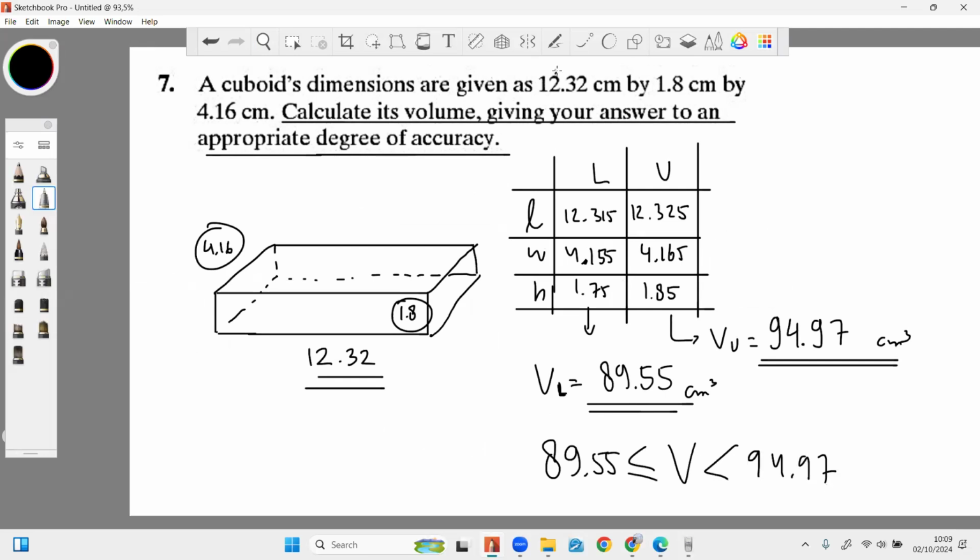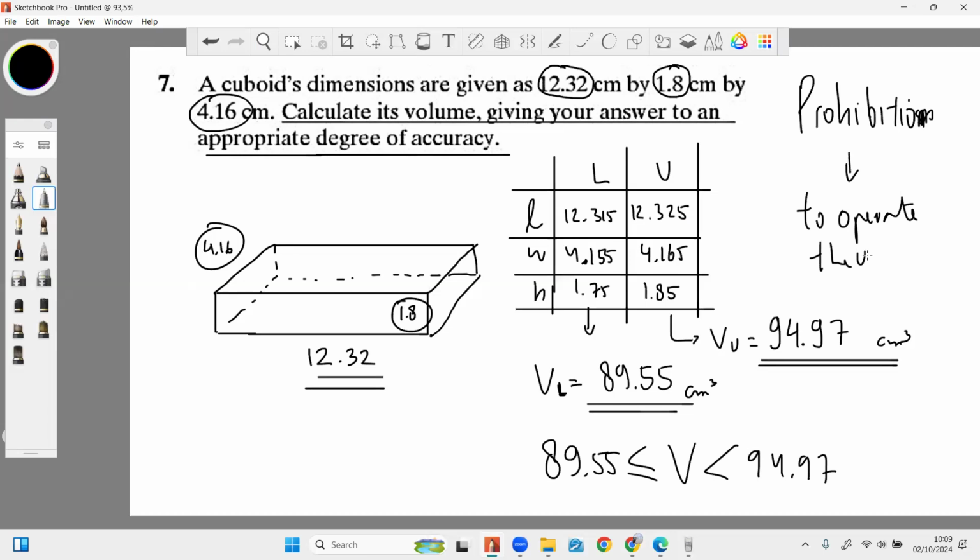So you are prohibited from multiplying these numbers as they are. You have to change them into lower and upper first. The prohibition is to operate on the measurement directly.